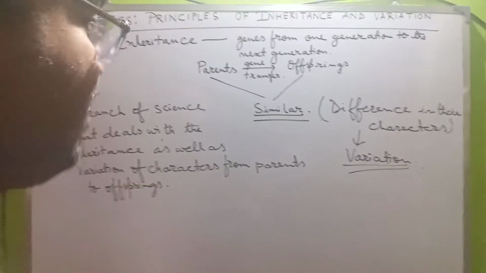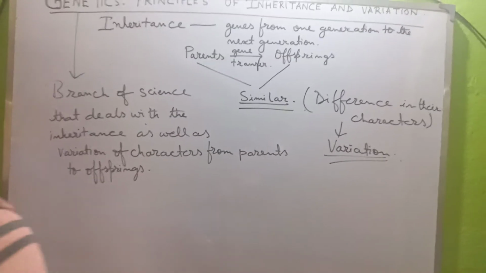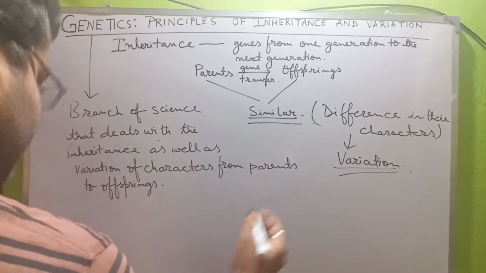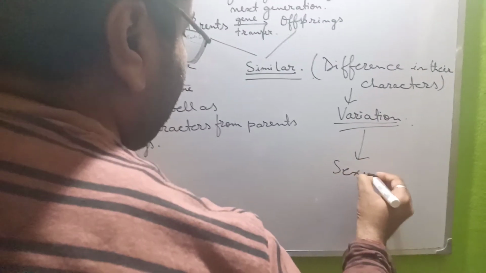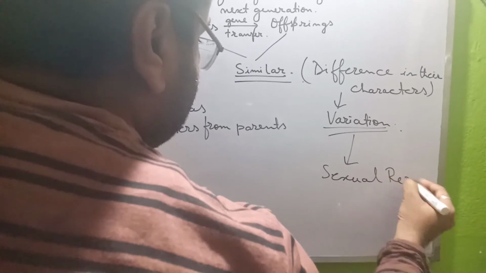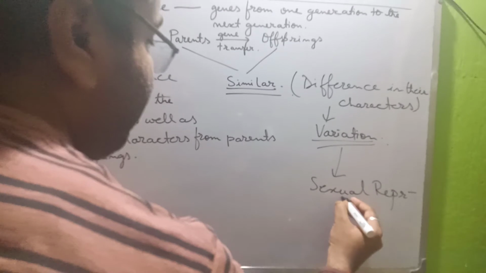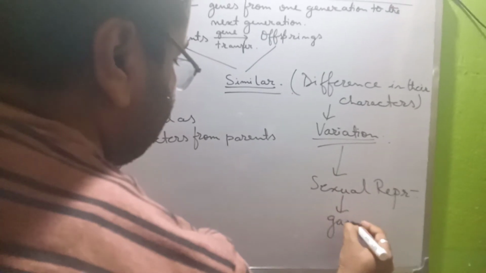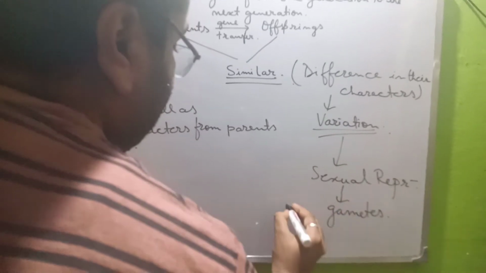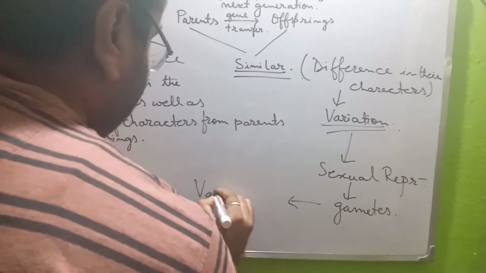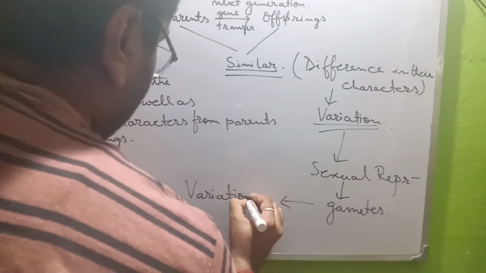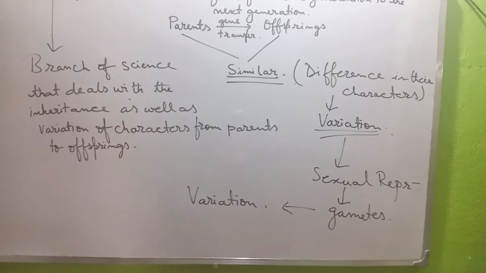Now, often you will find that the biggest example of variation is sexual reproduction. Sexual reproduction is the phenomenon by which the gametes cause variation within human beings or within organisms.